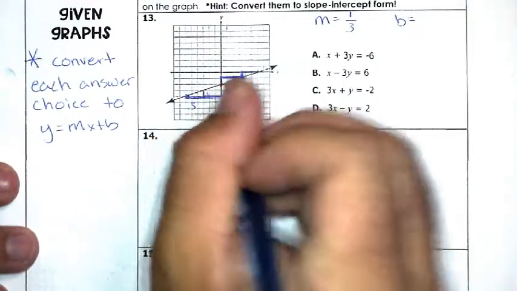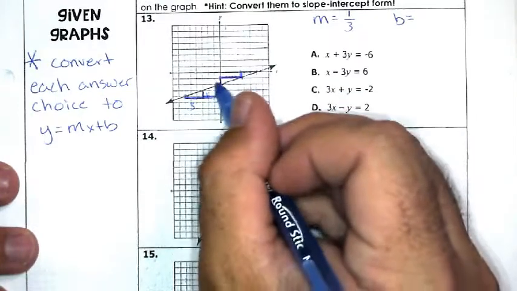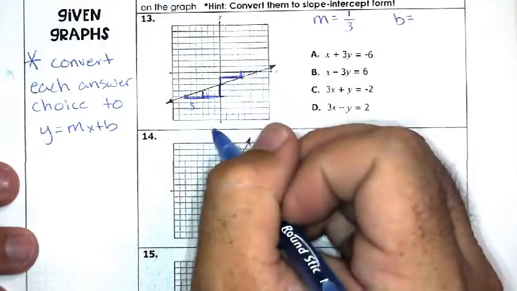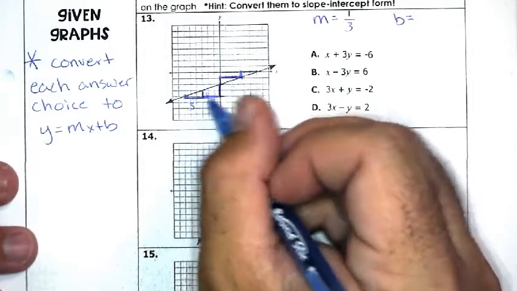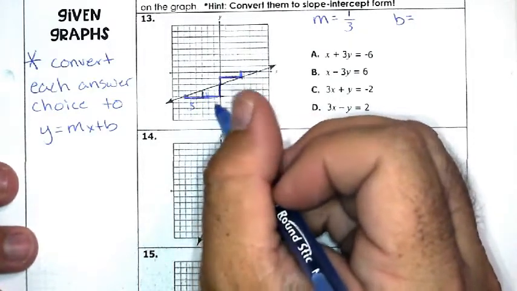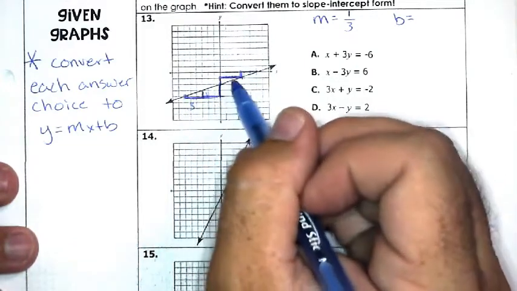It'll still simplify to 1/3. So slope triangles, as long as the triangle is on the same exact line, they have all the same slope.